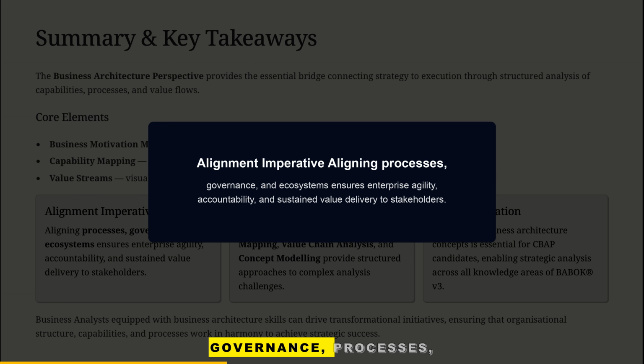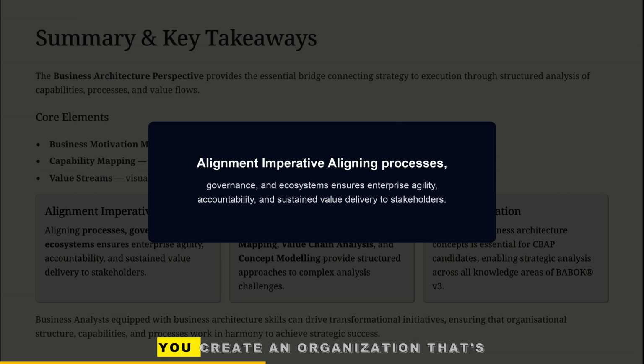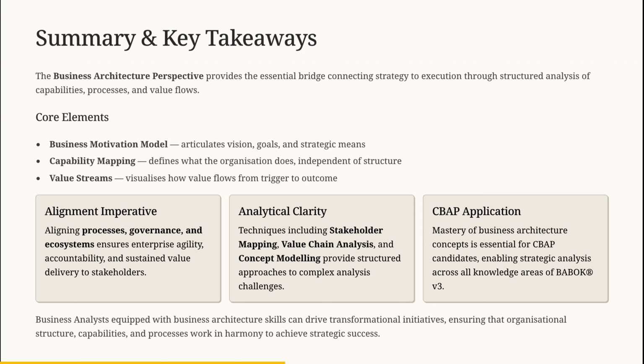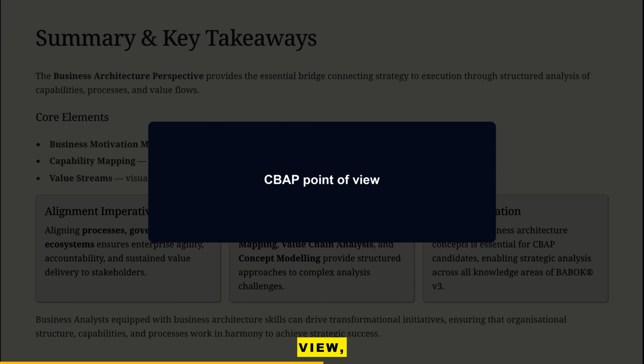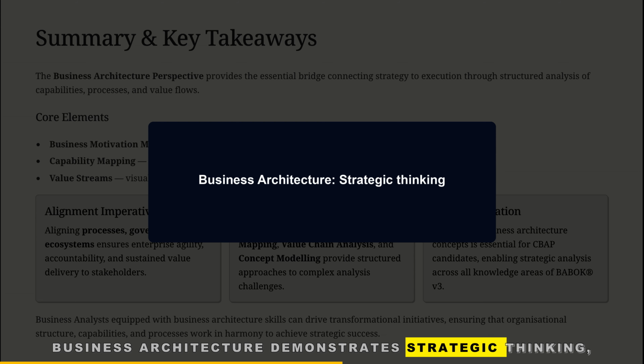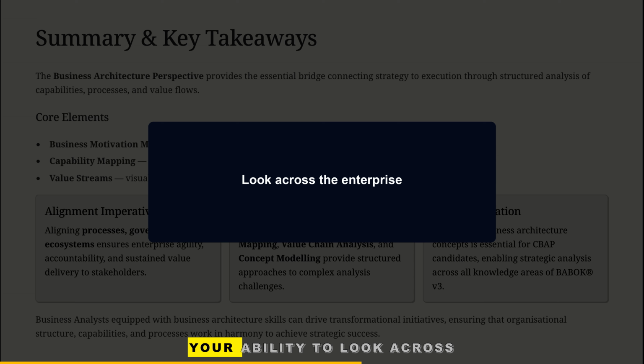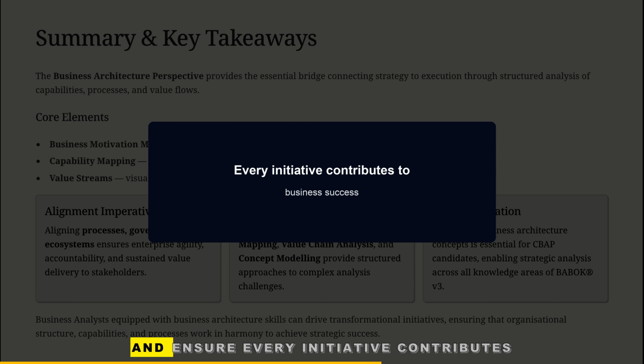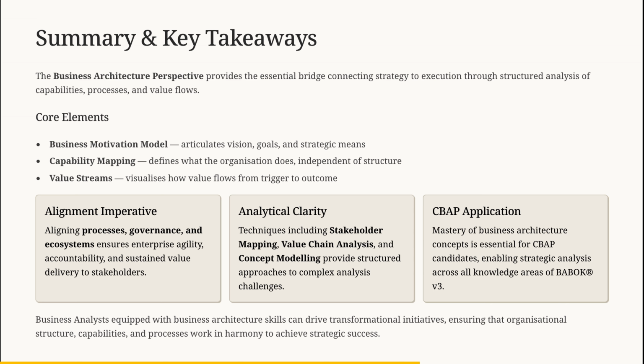When you align these with governance, processes, and ecosystems, you create an organization that's agile, accountable, and value-driven. From a CBAP point of view, business architecture demonstrates strategic thinking, your ability to look across the enterprise and ensure every initiative contributes to overall business success.